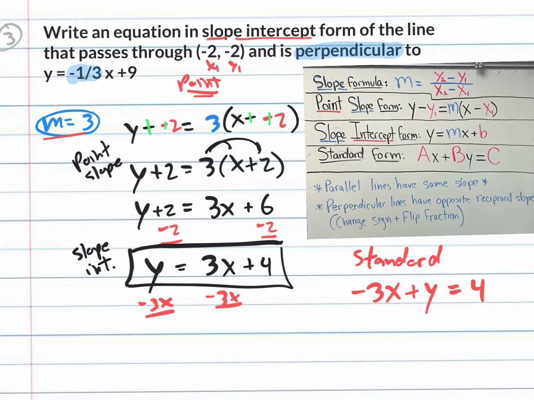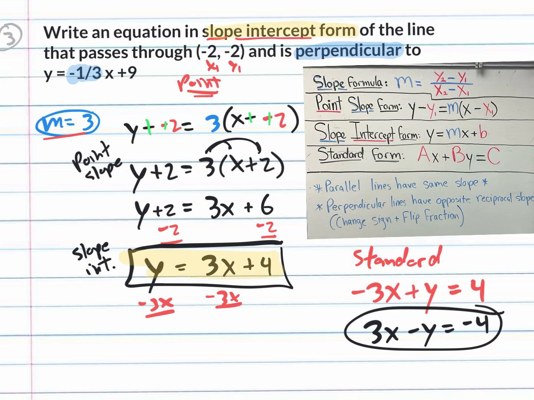Now, if you're doing a multiple choice test, sometimes the test generators make that a value be positive, so they may change it to a positive 3x minus y equaling -4. So this would be your standard form equation. But in this question, they specifically ask for slope-intercept form, and this is your answer.